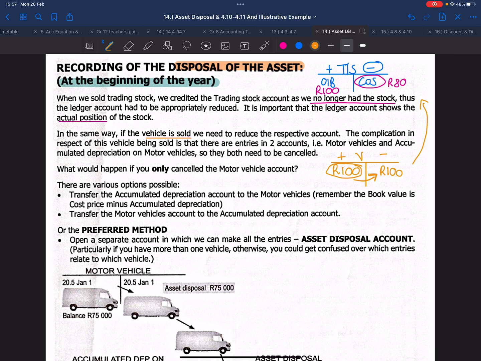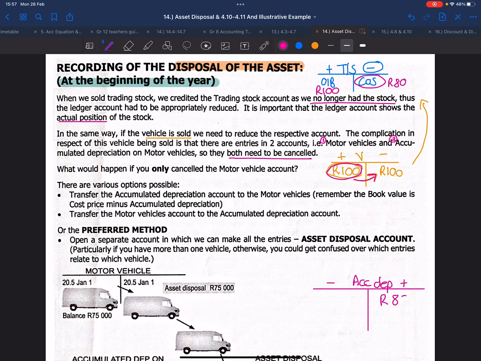Okay, so the complication in respect of a vehicle being sold is that there are two accounts that are then affected by this. First one is motor vehicles, and the second one is accumulated depreciation on motor vehicles. So they both need to be cancelled. So just like we took 100 Rands out of the book relating to the cost of vehicles sold, we have accumulated depreciation on motor vehicles.